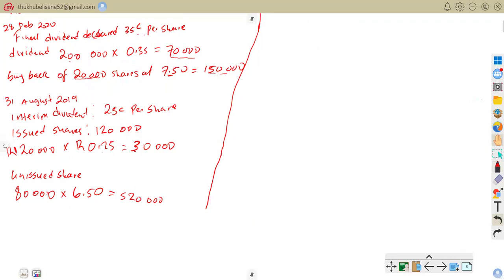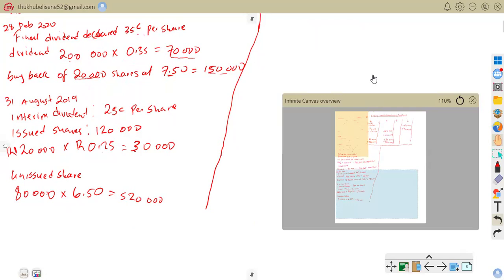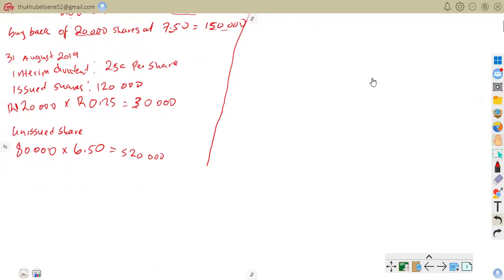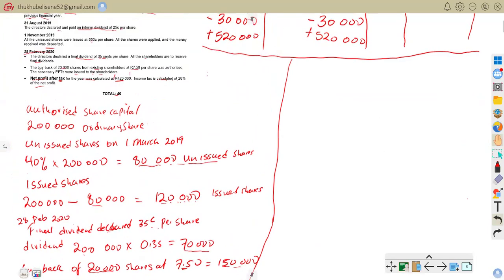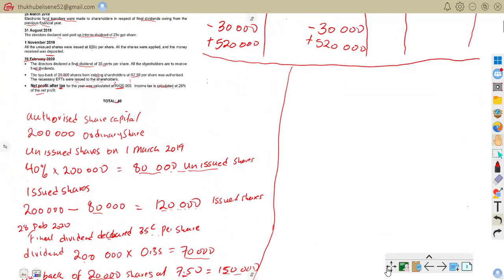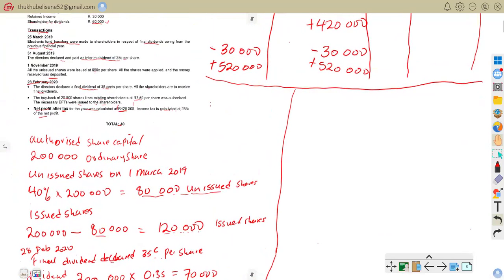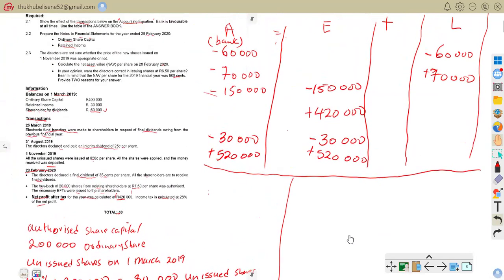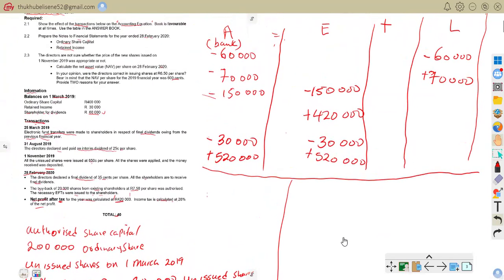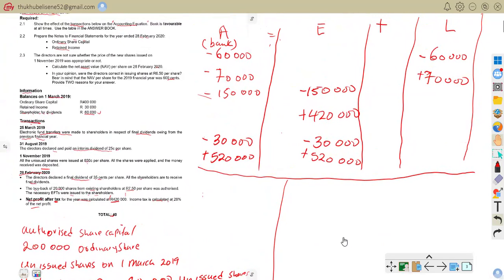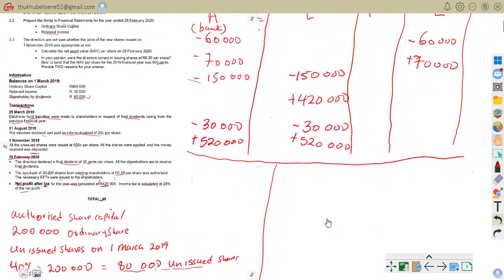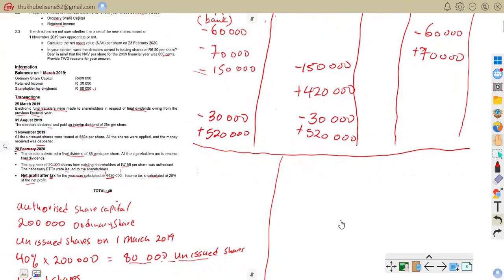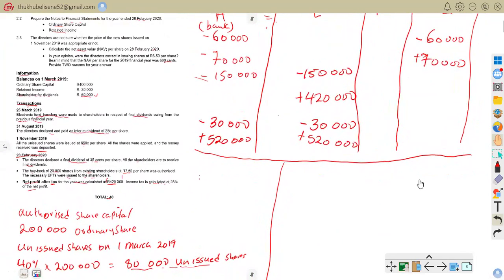So now on 2.2, we are to prepare the notes to financial statements. That is 2.2.